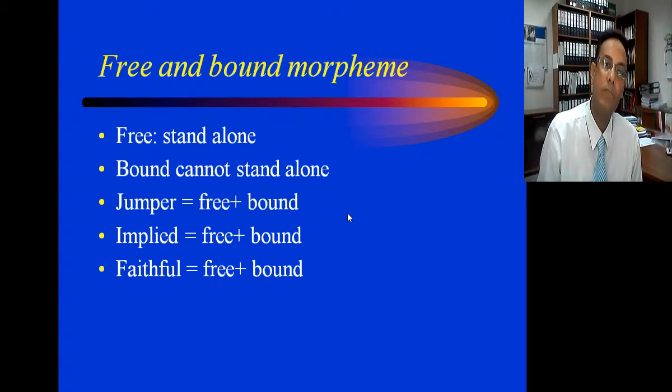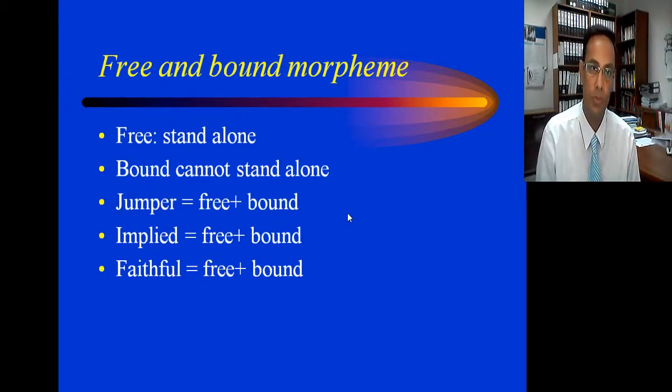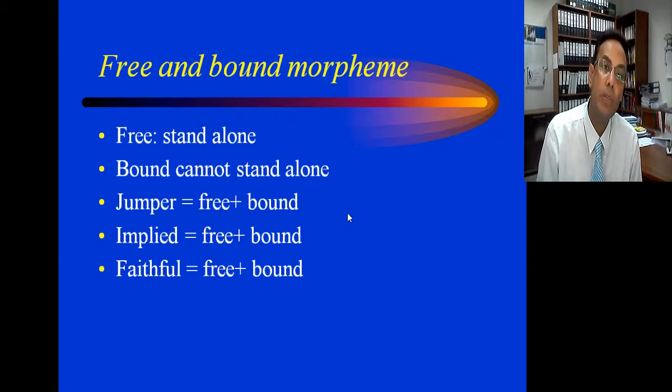Here we have to classify morphemes into free and bound morphemes. A free morpheme is standalone. A bound morpheme can't stand alone. Free morphemes can stand alone in the sentence; bound morphemes cannot.